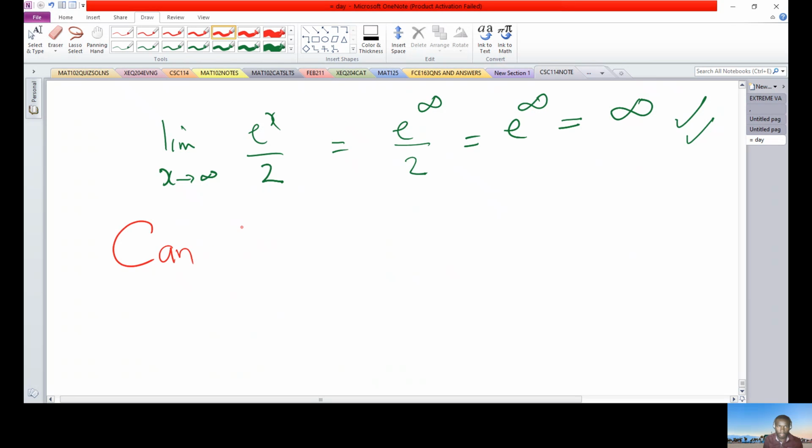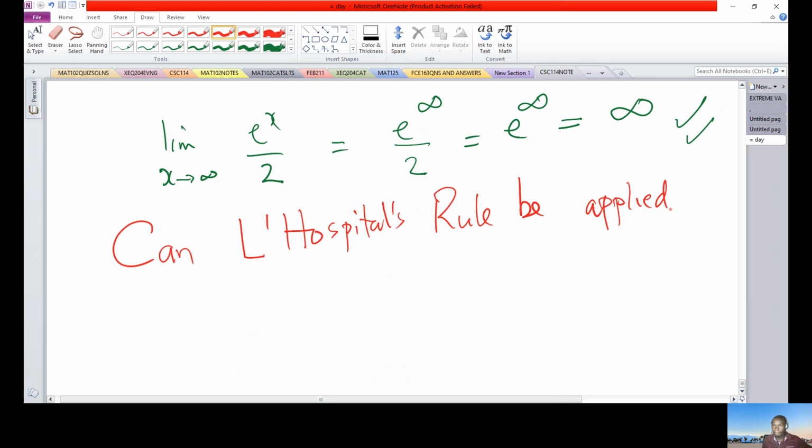Can L'Hospital's rule be applied to this limit as x approaches 1 of x squared plus 1 over 2x plus 1?